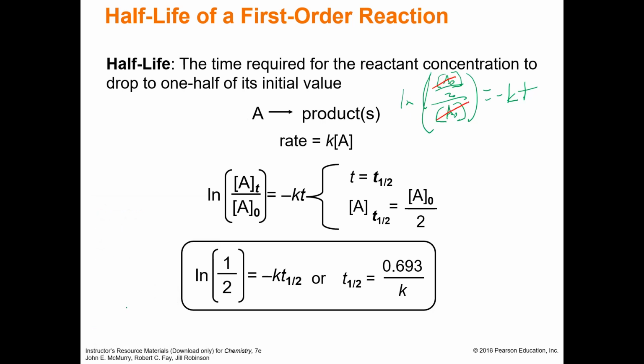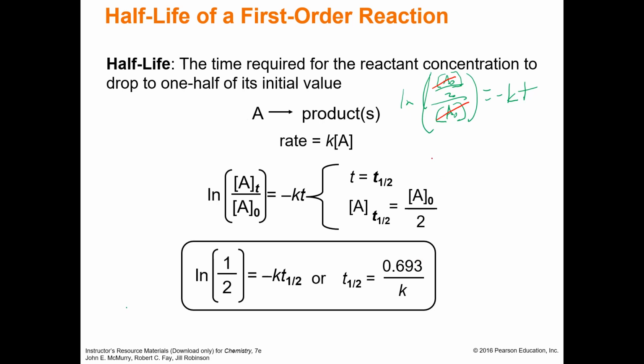So this cancels out, and we're left with the natural log of 1/2 is equal to negative kt 1/2. Now, if you put the natural log of 1/2 into your calculator, what you will find is that it comes out to negative 0.693. Now, there's a few more decimal places to that, but 0.693 is enough for our purposes.